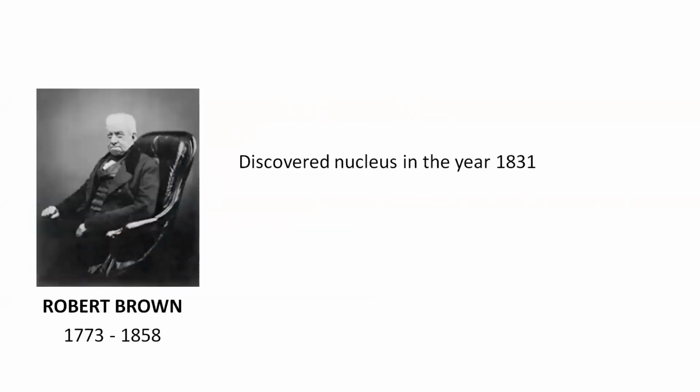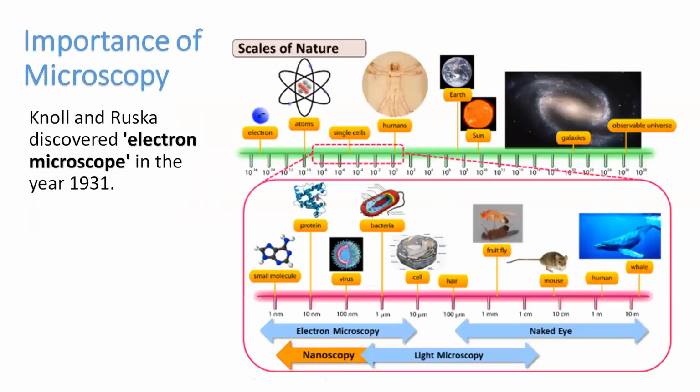Robert Brown discovered the nucleus in the year 1831, and in this slide I explained the importance of microscopy, and after the discovery of the electron microscope by Knoll and Ruska, what developments occurred, we discussed clearly in our previous class.